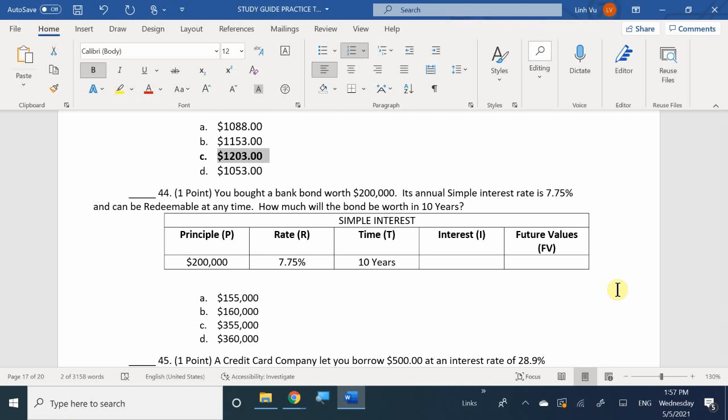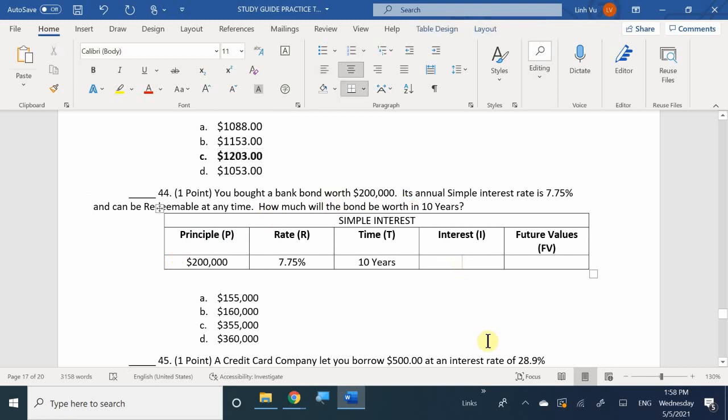Its simple interest is going to be 7.75%, and it can be redeemable at any given time after 10 years, I believe. So, how much will the bank bond be worth in 10 years? C. All right, so let's figure this question out together.